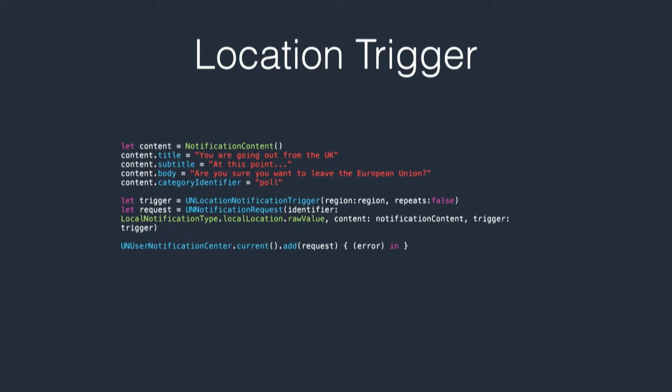Again, the code might not be clear enough, but I wanted to show you a little bit about how the new API looks. You have a content object that you can configure, with the title, subtitle, and everything. Then you have a trigger that can be location-based or time or calendar or the push notifications.